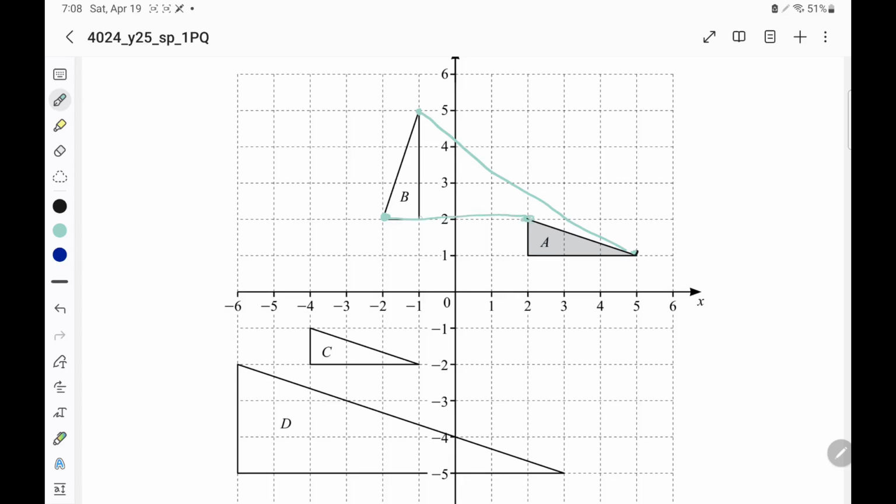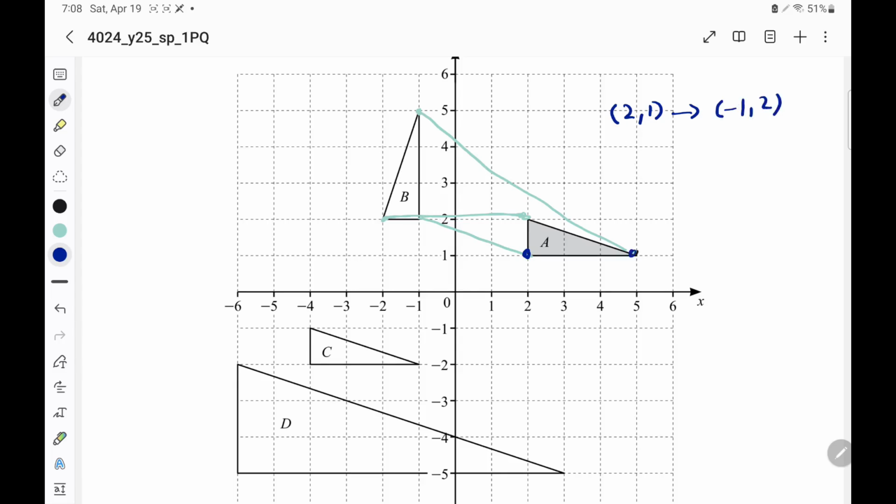And then the last one is here. If I check 2, 1, 2, 1 is becoming minus 1, 2.